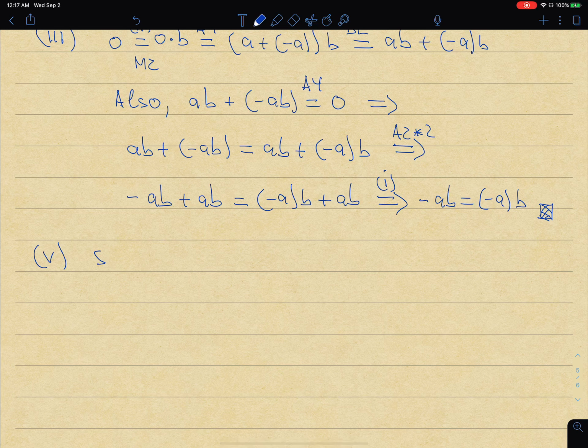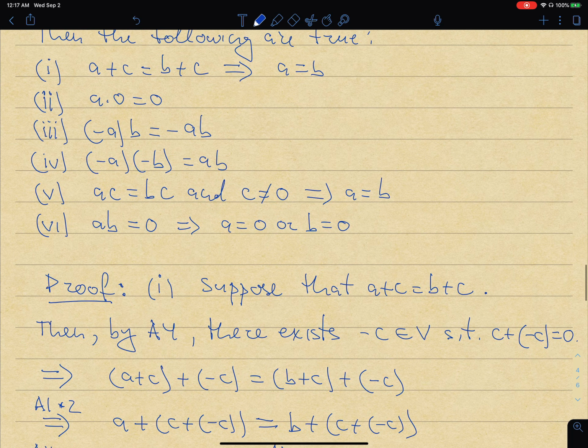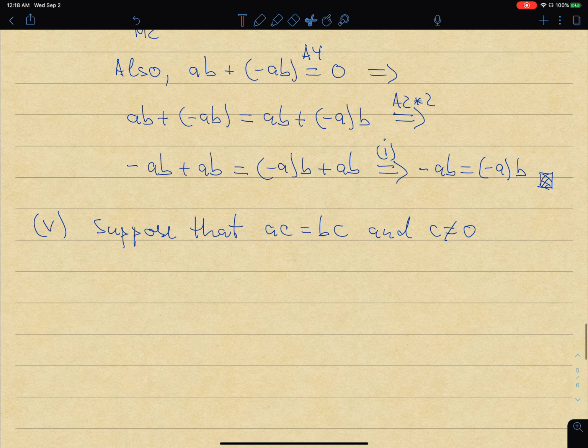Let's suppose that AC is equal to BC and C is not equal to 0. This should be very similar to the first property, right? Because you're basically establishing the same statement, except that instead of the statement involving addition, you now have a statement which involves multiplication. So that means that your method of proof should be similar.